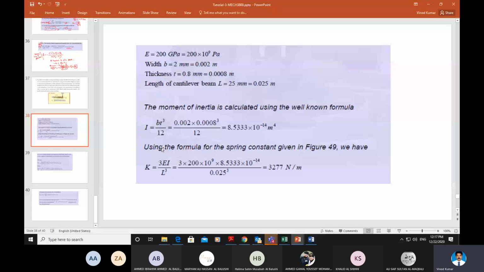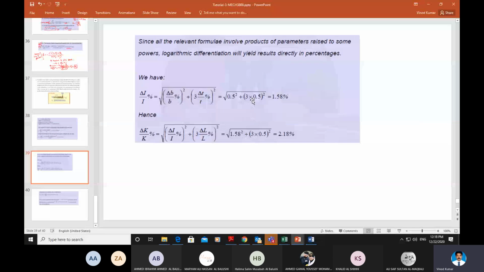So that's why delta b by b the whole square plus t cube, that is 3 delta t by t the whole square. So delta b by b is 0.5, which is already given percentage. 0.5 square plus 3 times 0.5 the whole square. So the total delta I over I in percentage is 1.58 percentage.